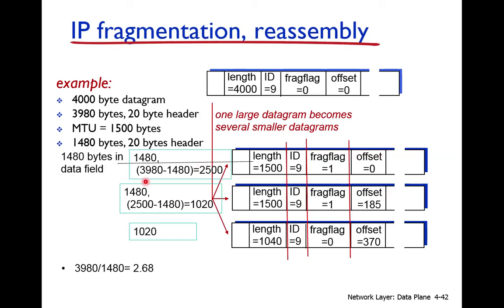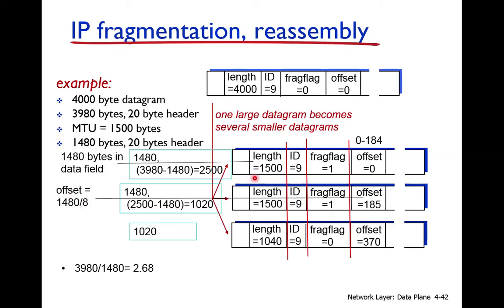Basically what we do, we divide this 1480 bytes by 8, because it contains the data starting from 0. But how long does it contain? So 1480 is divided by 8, and it becomes 185.